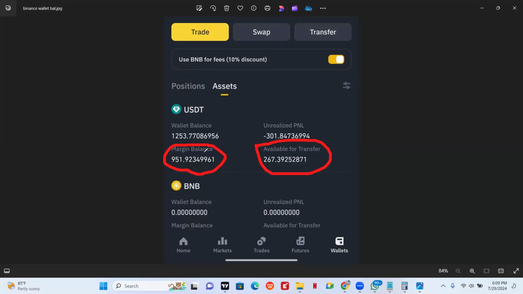It is floating as both profit and loss because it's unrealized. So if I force this trade to stop, what happens? It becomes a realized loss. But if I allow the trade to go on, it becomes realized profit.